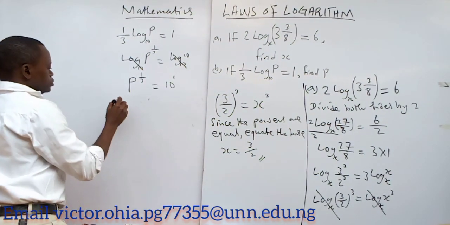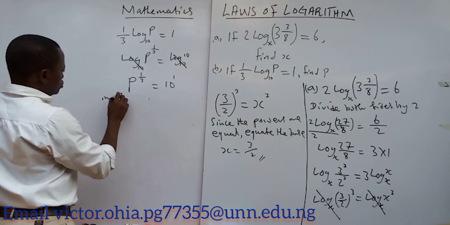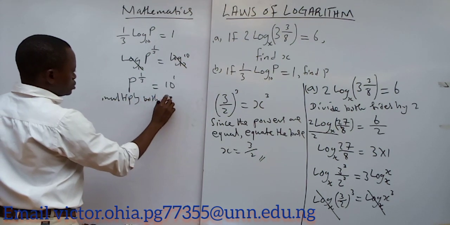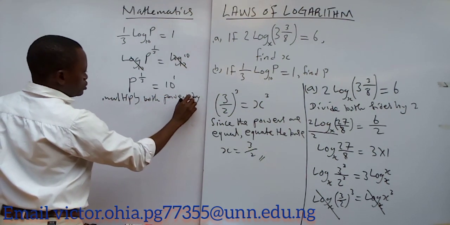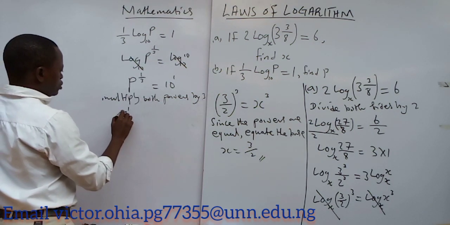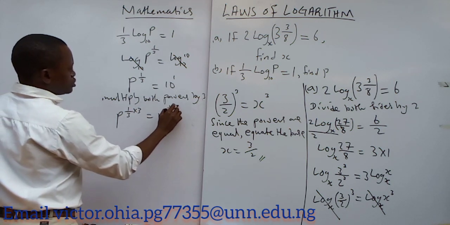All right, so I will multiply both powers by 3. So I will have p raised to power 1 over 3 times 3 equals 10 raised to power 1 times 3.